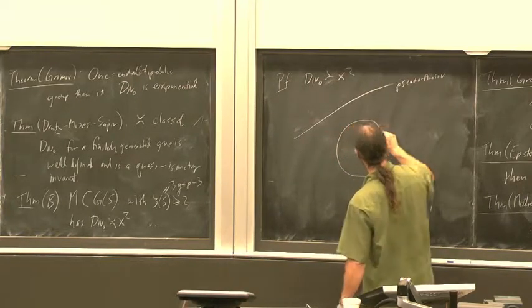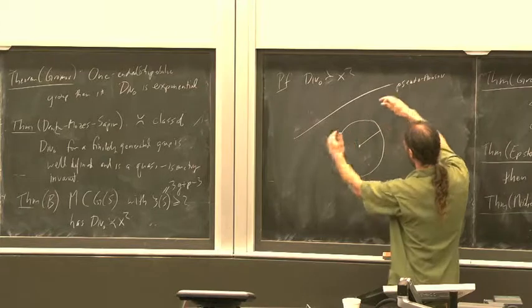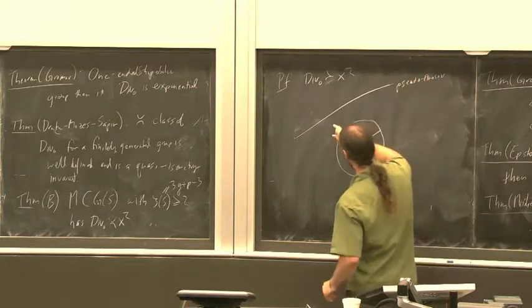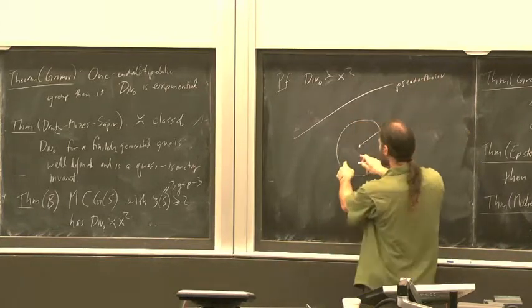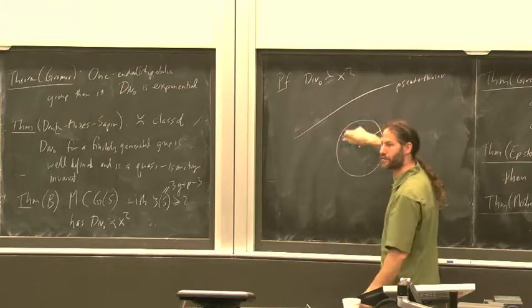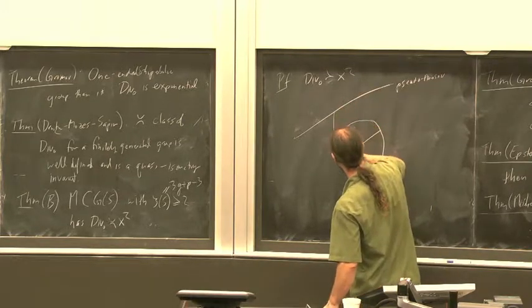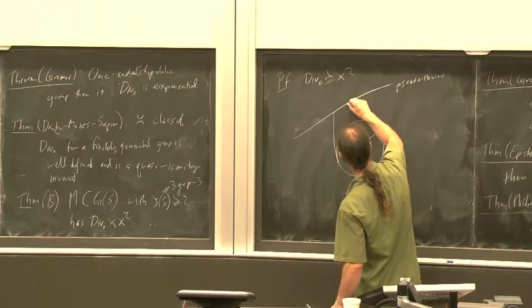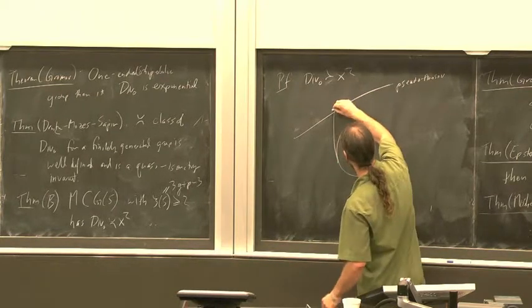So if you take linear-sized balls that are in the complement of that axis, and you look at the closest point on the axis for any one of those points, it turns out that the set of all those closest points has a uniformly bounded projection.